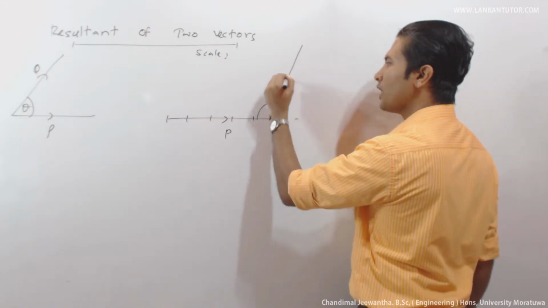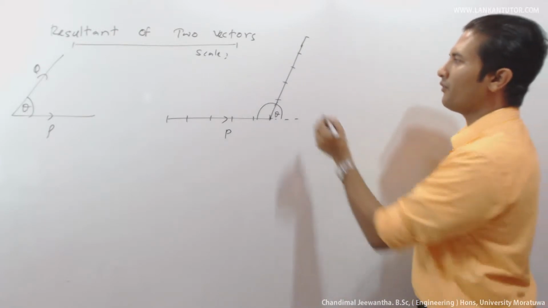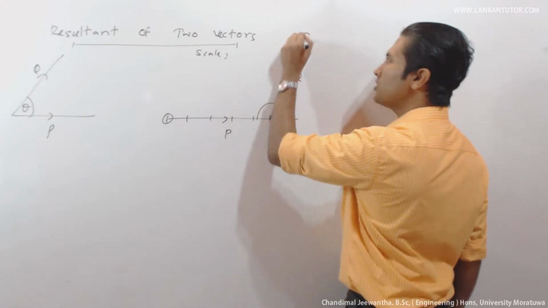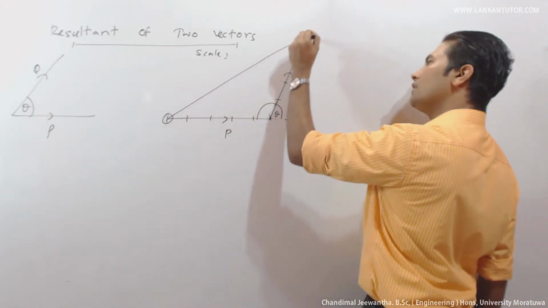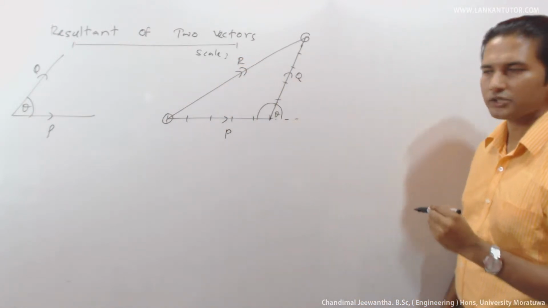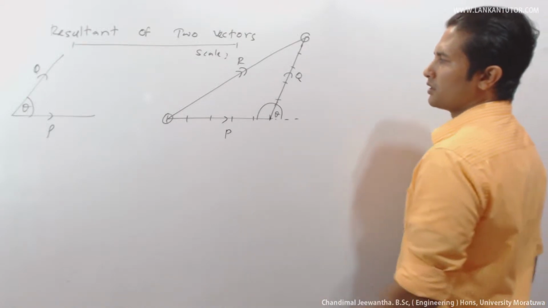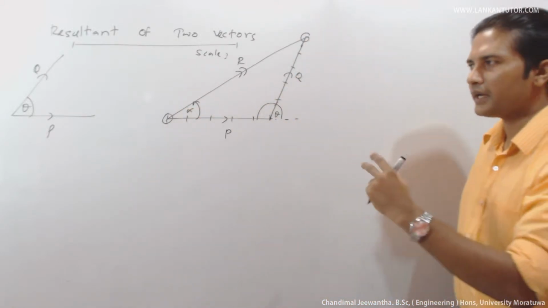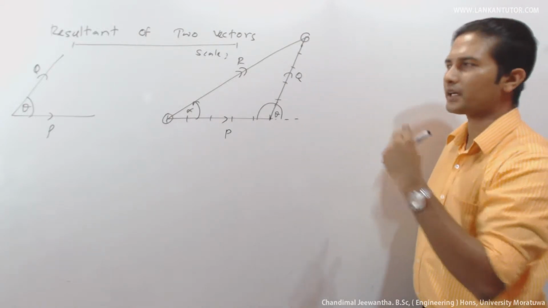Then consider the initial and the final point. The direction should be from initial to final. Using this angle, you can get an idea about the angle between the resultant and the vector p.